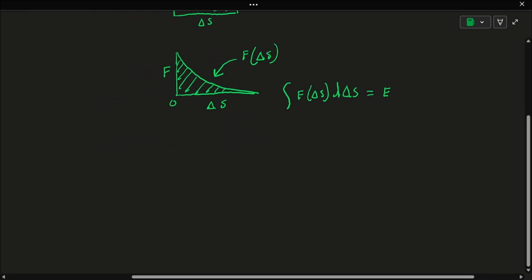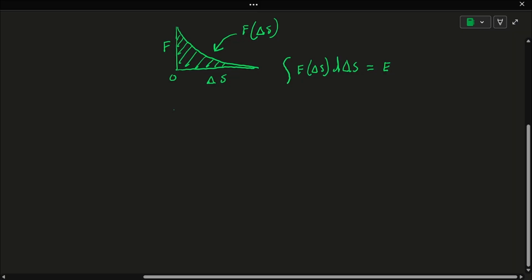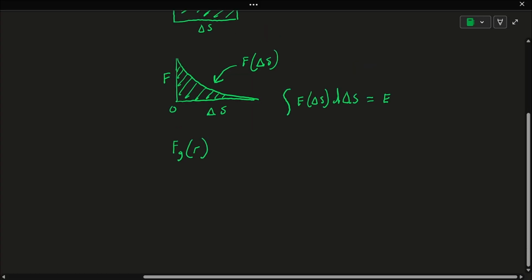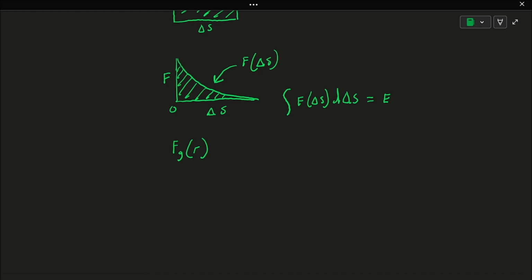Now, for a gravitational situation, we can calculate the force of gravity. So I'll do Fg. And I'm actually going to use R here instead of delta S. R is usually used in orbital mechanics to denote distance. We could use delta S here if we wanted, but I'm just going to switch it to R. But know that R and delta S represent the same thing.